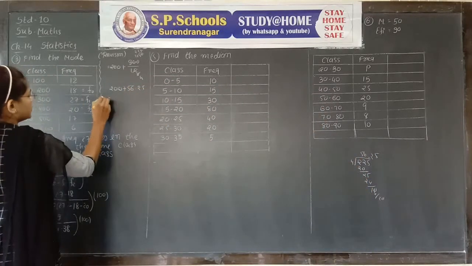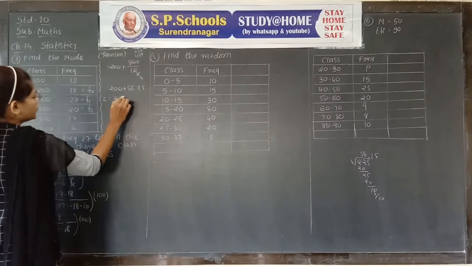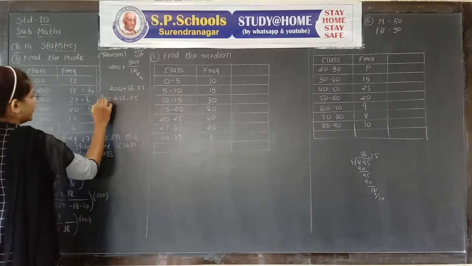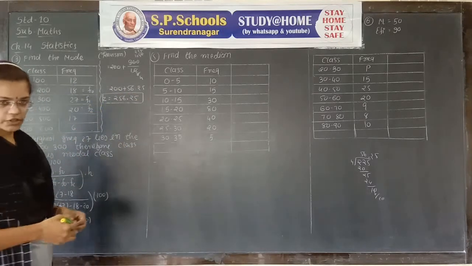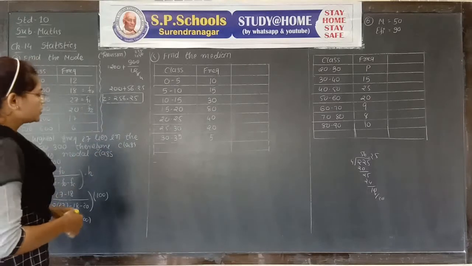Hence our answer of mode is 256.25. The mode is obtained here, 256.25. Now we discuss the median.